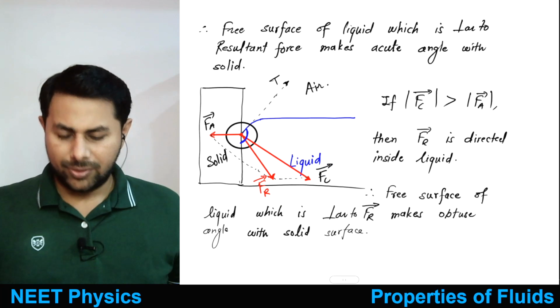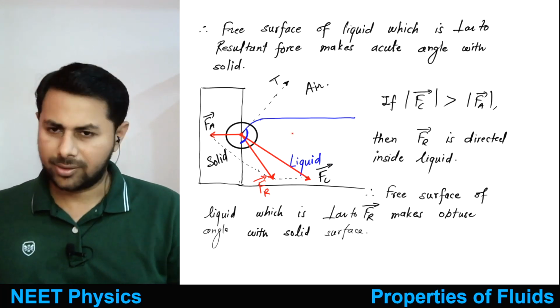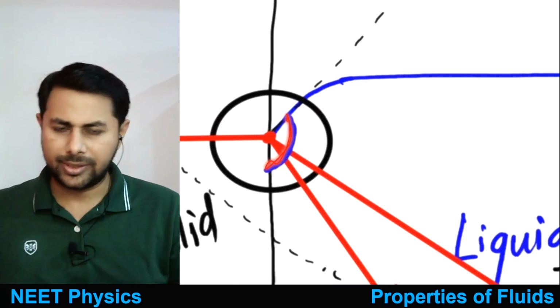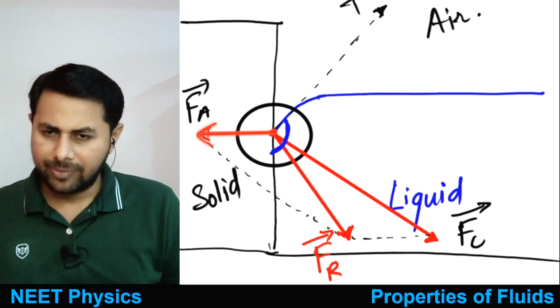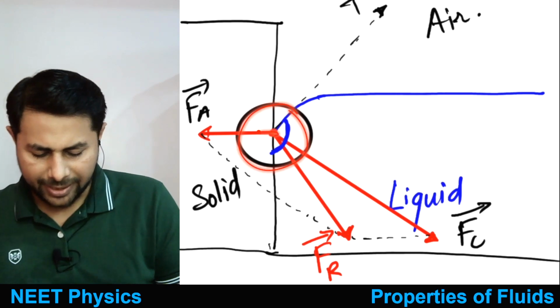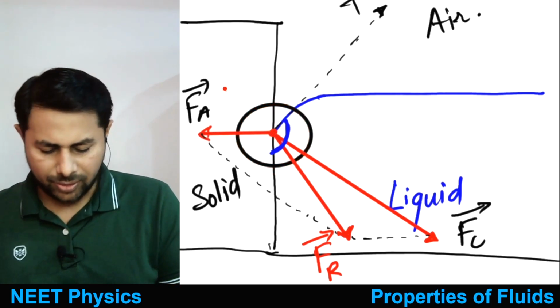Okay, so next you can come to here. So this is mercury, let's say. The angle of contact would be obtuse, that means more than 90 degrees. What happens here basically is that there would be some adhesive force. If you think of the sphere of influence, there would be adhesive force between the mercury molecule and the solid surface.